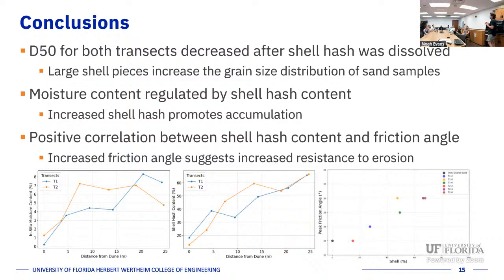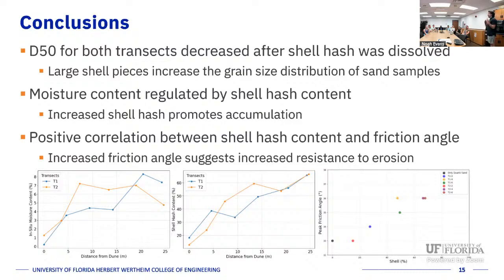It's not really considered as a whole to include the smaller parts and smaller grains. So that's another reason why I want to look further into whether this is actually an impact of the shell hash and the shape of the shell hash grains individually, or if it's more just the fact that we're seeing the grain size is larger with the shell hash.